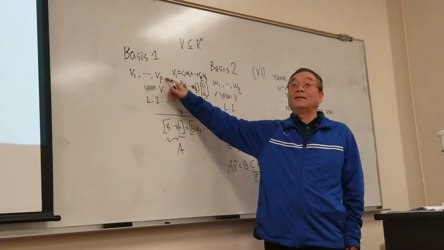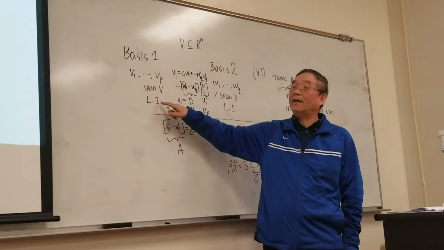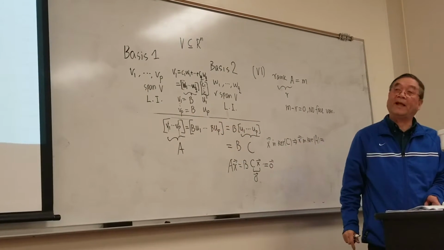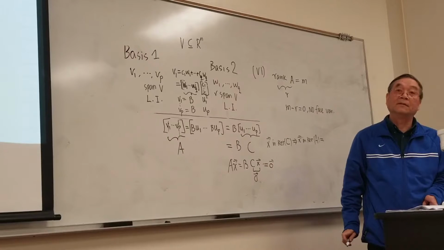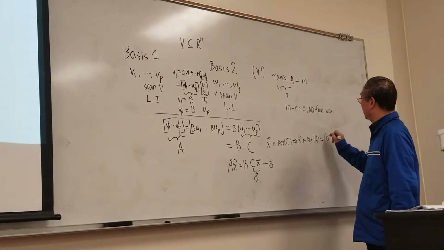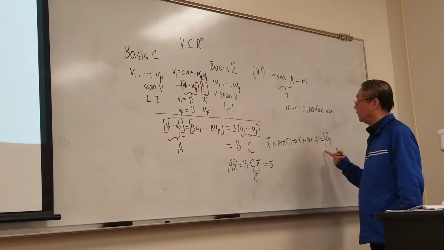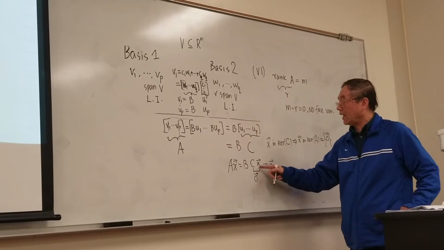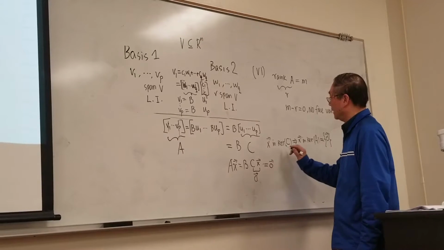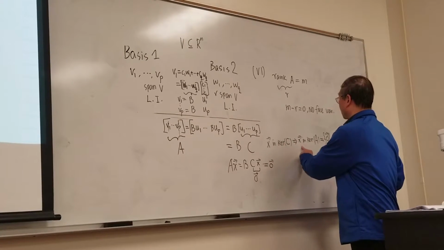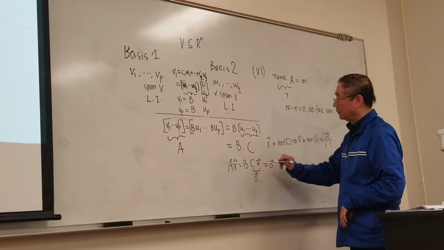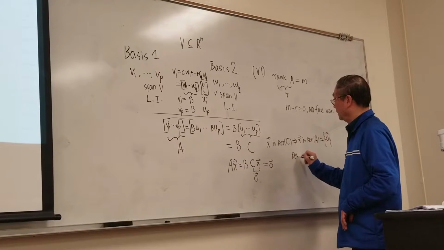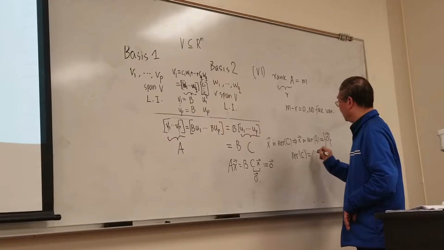Remember, they are basis vectors, so they are linearly independent. Being linearly independent, the kernel of A is 0. So if X is in the kernel of C, then X must be 0. So the kernel of C is also 0.